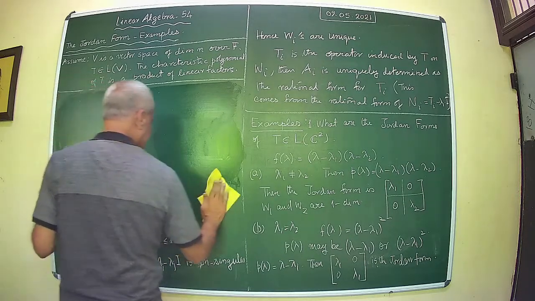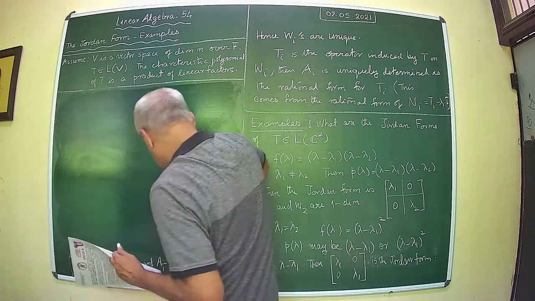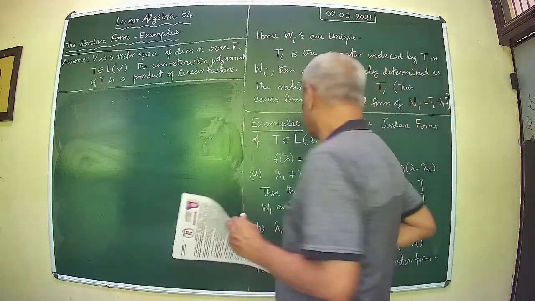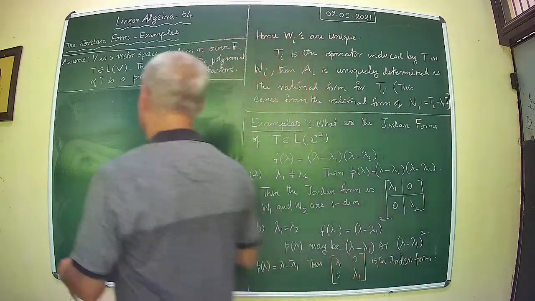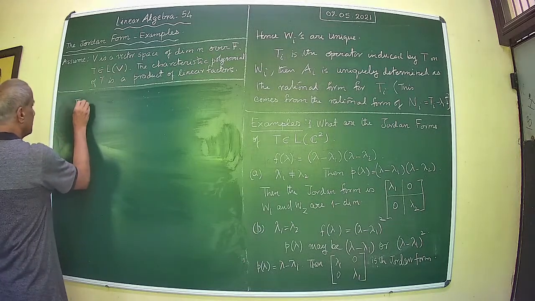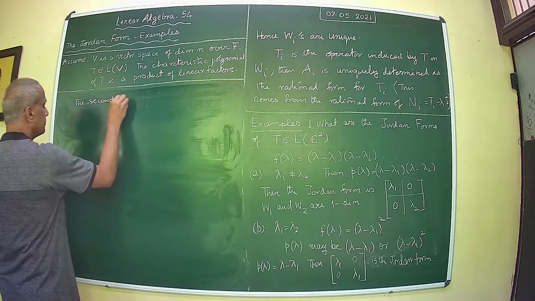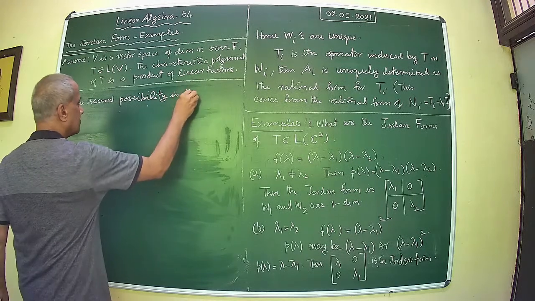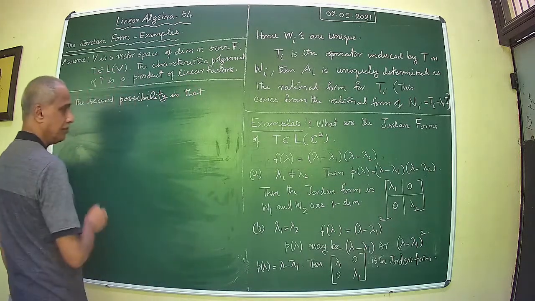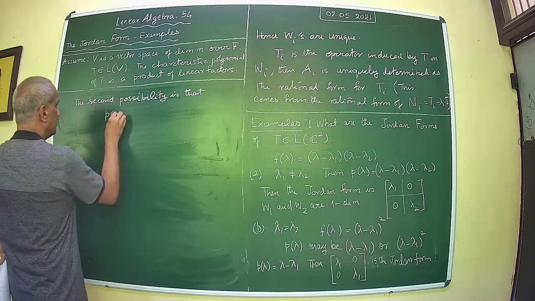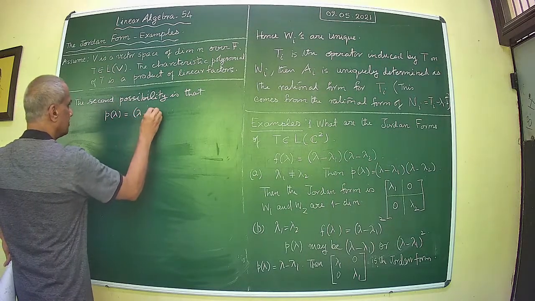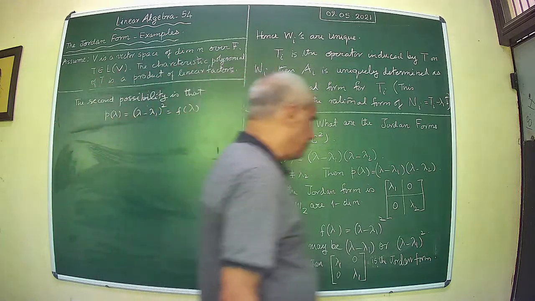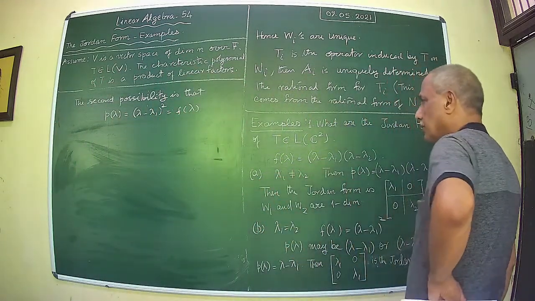The second possibility is that P lambda equal to, then in the Jordan form you have only one block.